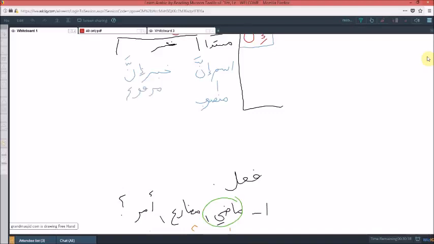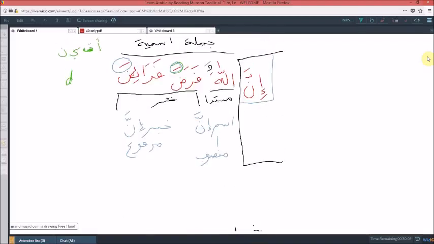So, inna is the harf al-nasb. Allah becomes ismu inna, and is mansub. And then farada fara'ida is khabru inna. And then inside of itself, it has another breakdown, since the khabar is not just a simple word. For instance, we could say, Inna Allaha Rahimun.